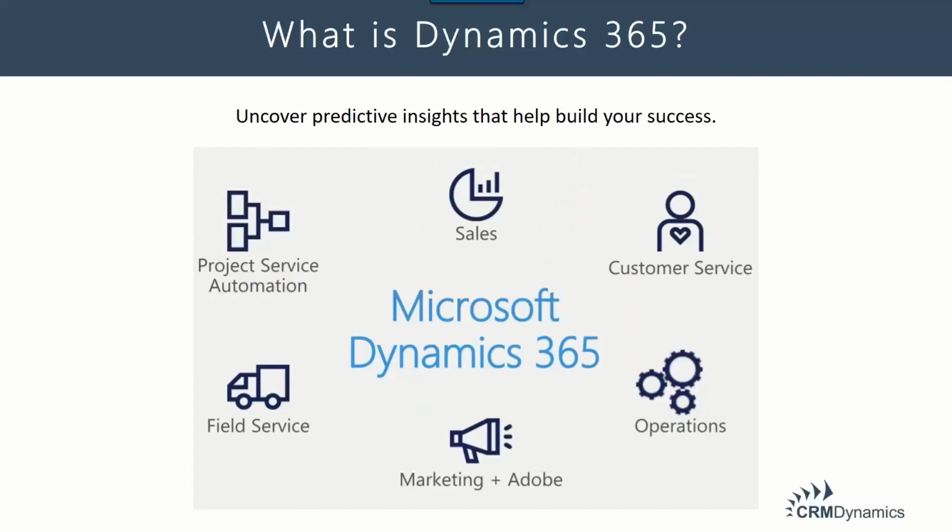As I've mentioned before, we have a series of modules for Microsoft: sales, customer service, operations, marketing, field service, project service automation. Each of these has its own set of entities, functions and processes baked into it. And then with CRM Dynamics, we go a step forward.